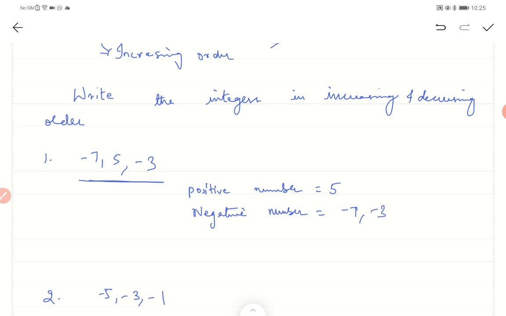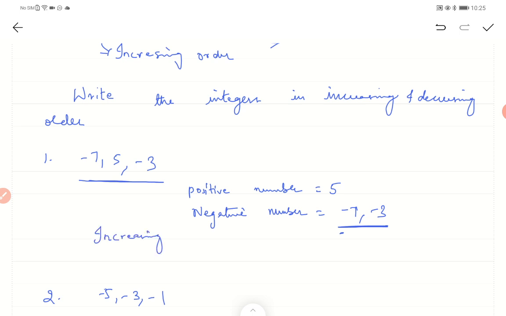So let us place them in increasing order first. So first, minus 7 in increasing order we will take.